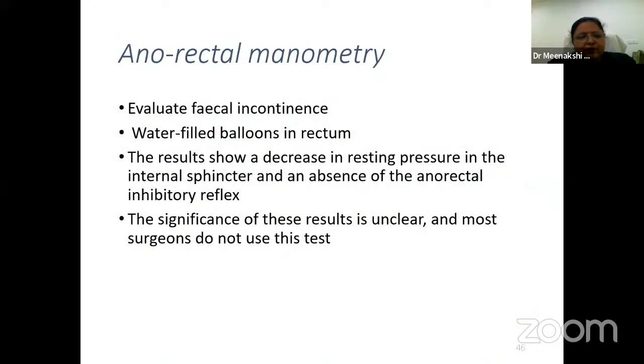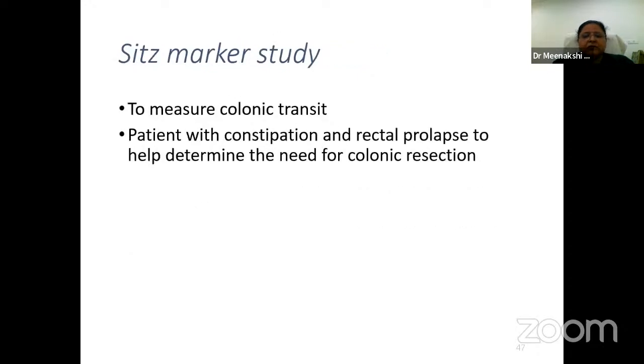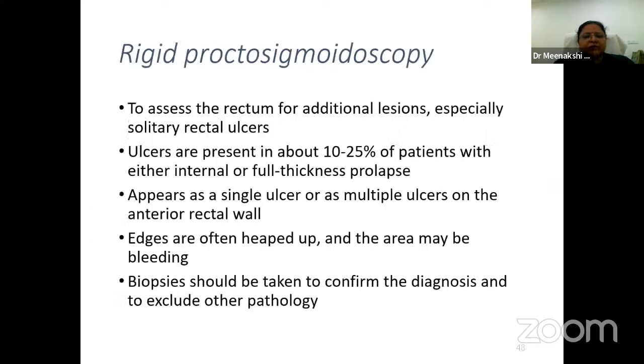Another very important investigation is anorectal manometry. Whenever the patient has associated fecal incontinence, then anorectal manometry is a very, very important investigation to be done. Okay, and most of the time the significance of these results may not be clear, so the surgeons may or may not do this manometry test. Then another important study is the SITZ marker study to know the colonic transit time.